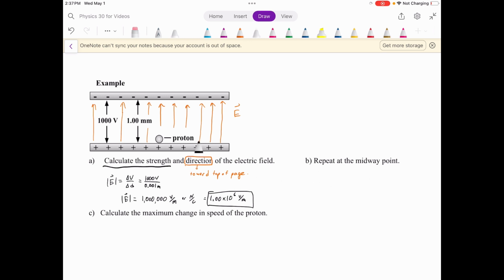Well, let's think about this, right? If we take a charge and we move it from here to here, all the way across the plates, we know that we're changing its potential energy, right? Same way if I lift an apple in a gravitational field from here to here, I change its potential energy. And if I only lift it halfway, do I change its potential energy by the same amount?